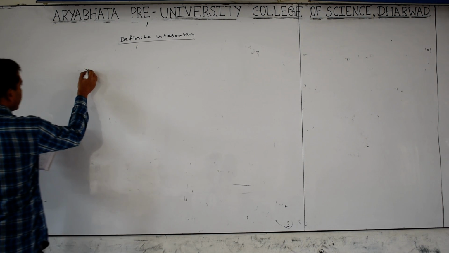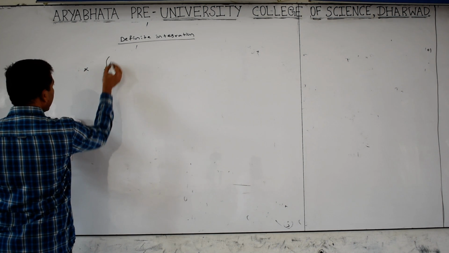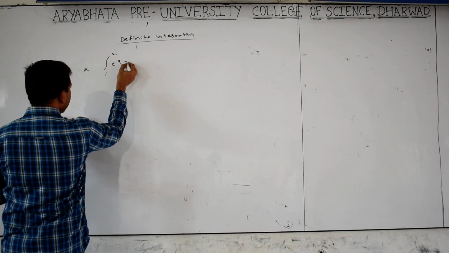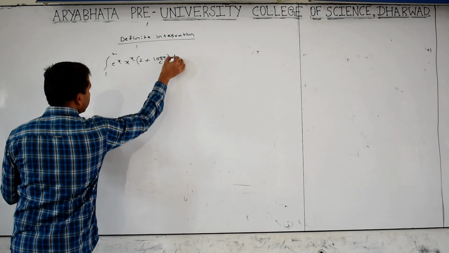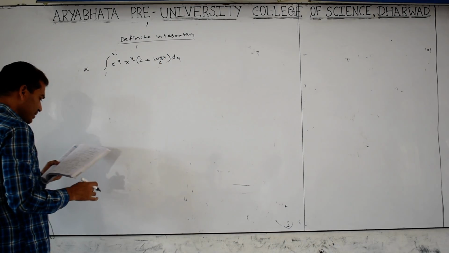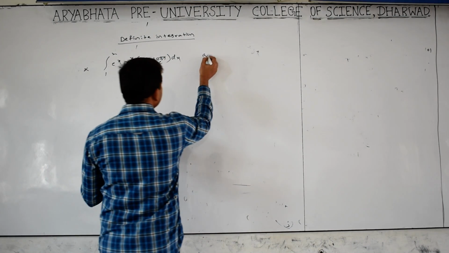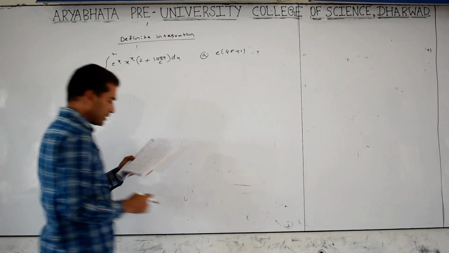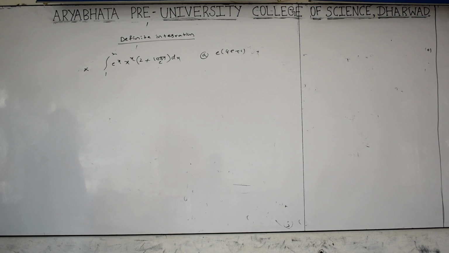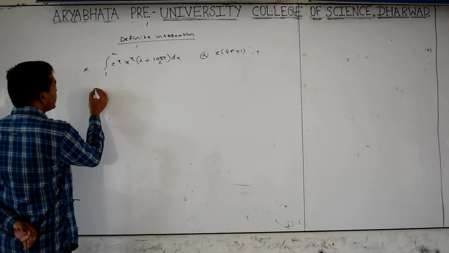Next one is the integration from 1 to 2 of e power x into (x power x plus log x base e) dx equal to, options A 4e into 4e plus 1, option B, option C. Options are not necessary, we can get it directly. This is a very easy question.